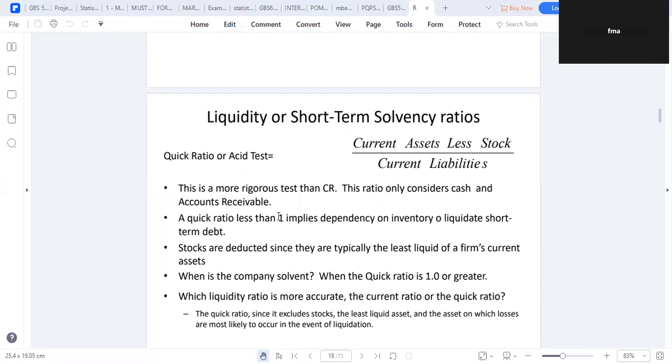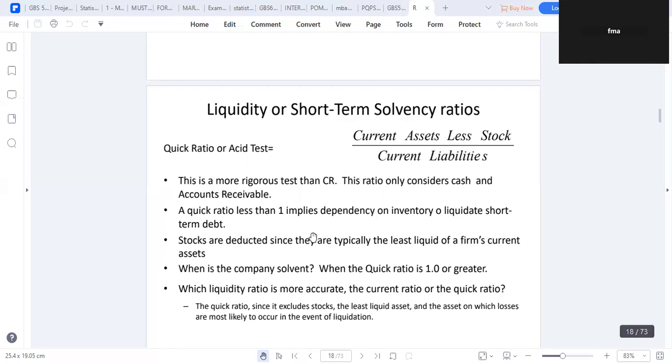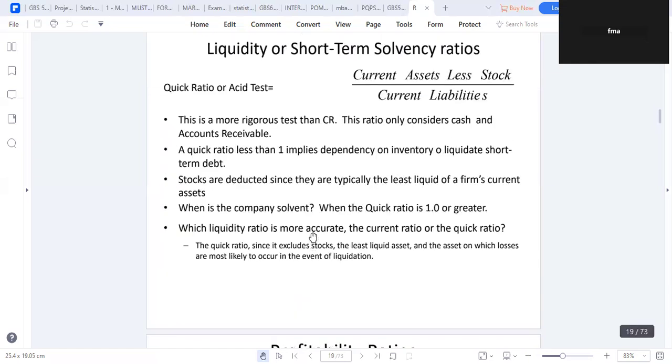So if we have something less than one, we are depending so much on inventory to liquidate our short-term debts. So this one is more accurate than the current ratio because it excludes stocks. It excludes the less liquid assets, the asset on which losses are most likely to occur in an event of liquidation.